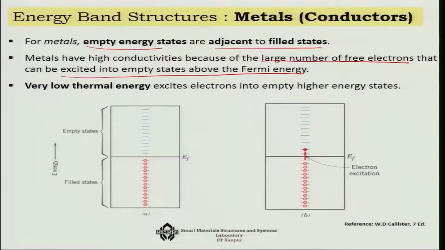Very low thermal energy excites electrons into these empty higher energy states. So, this easy excitation through thermal energy is one of the telltale signs of metallic conduction, which is the conduction based on electron flow.